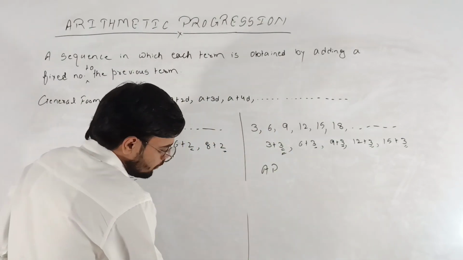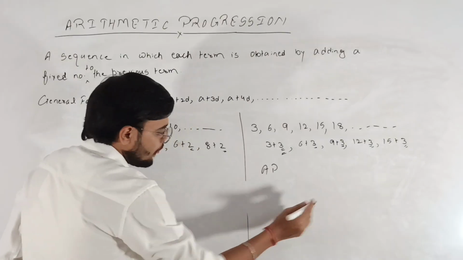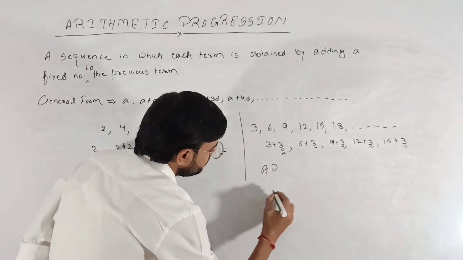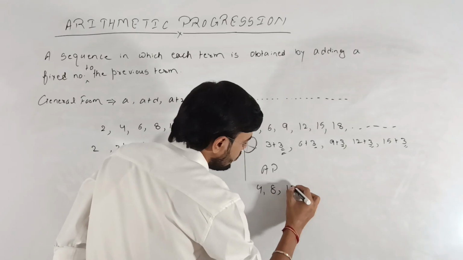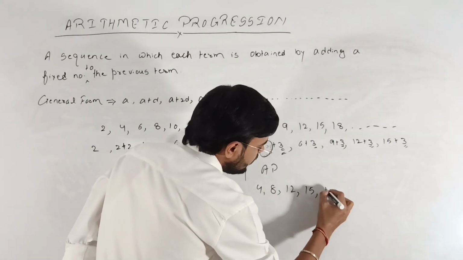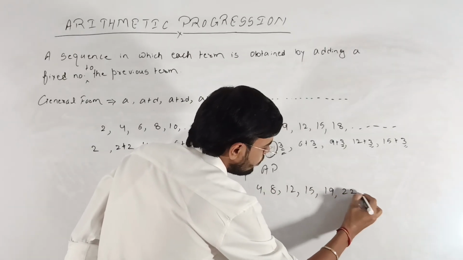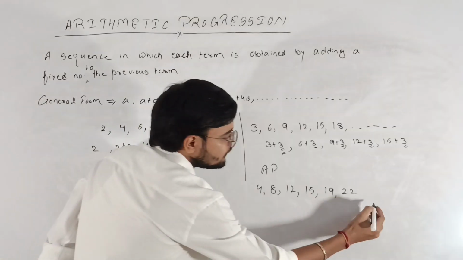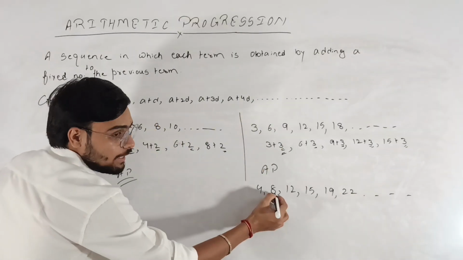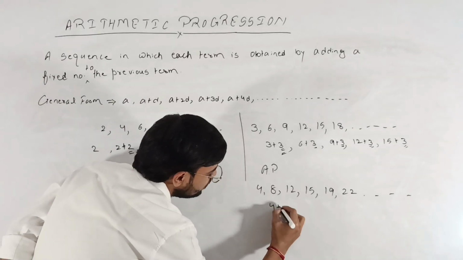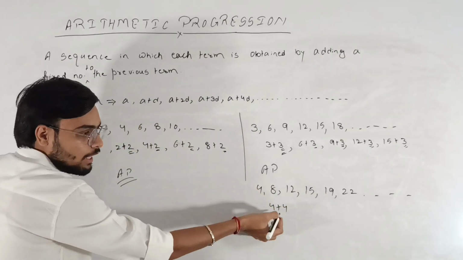Okay, now take one more example. Suppose I have a sequence 4, 8, 12, 15, 19, and 22. Now we have to check whether this is an AP or not. So here look, first term 4, now 8. How do I obtain 8? I add 4 to this 4, then I get 8.